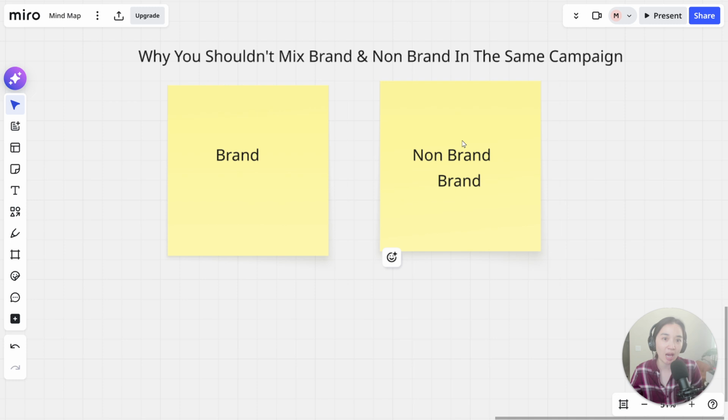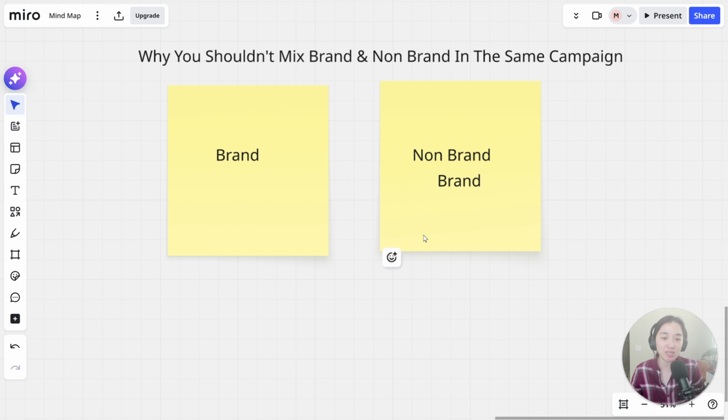So you might actually have this happening and you might not even be aware that it's happening. So if you don't have negative keyword guardrails in place, branded keywords can sometimes slip through the cracks and come in through your non-branded campaigns.